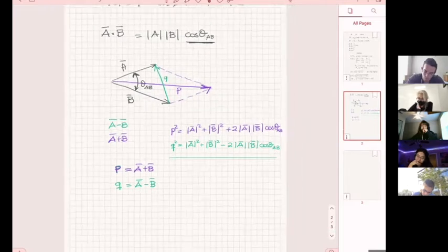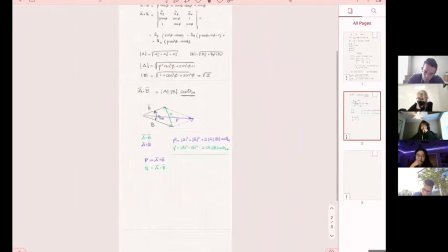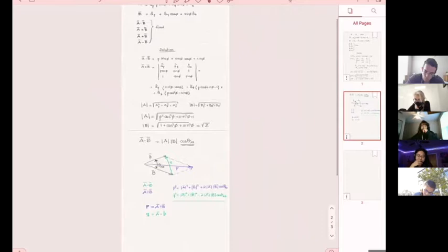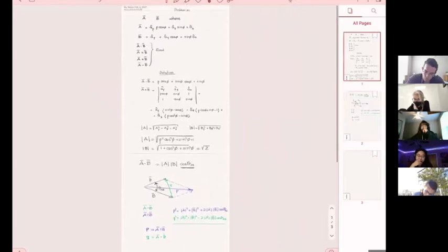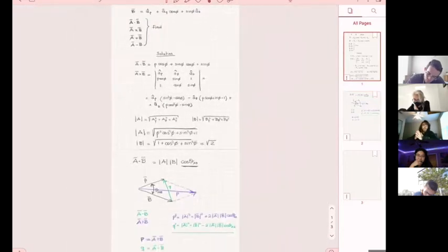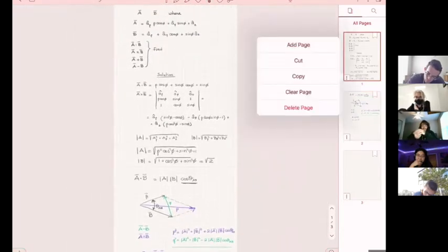Simpler. To tell you the truth, it's like one page maximum, because now I wrote big things, but it's a one page solution. Do you know how many pages it would take you to take the A and B vectors into a coordinate system, put them in X, Y, and Z, and then sum them up and then take the difference?